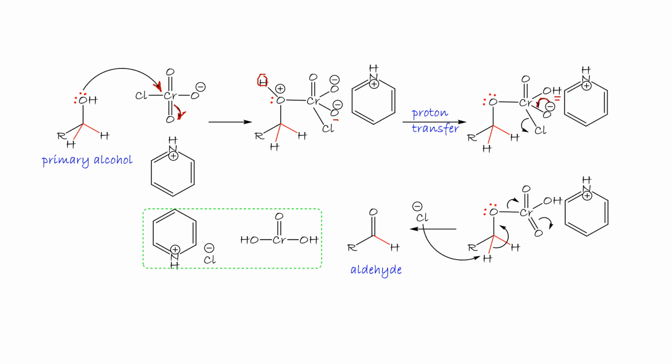Then back this lone negative charge to form a double bond with Cl out. Then the Cl will attack one of these hydrogens of the primary alcohol, forming a double bond, and this group is out, forming the aldehyde, chromous acid, and pyridinium chloride.